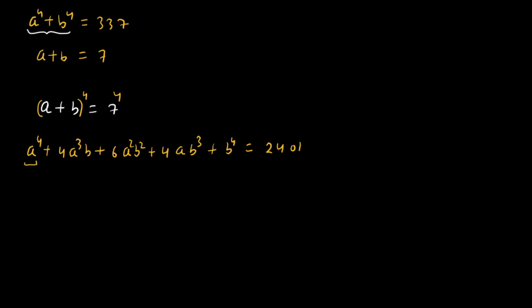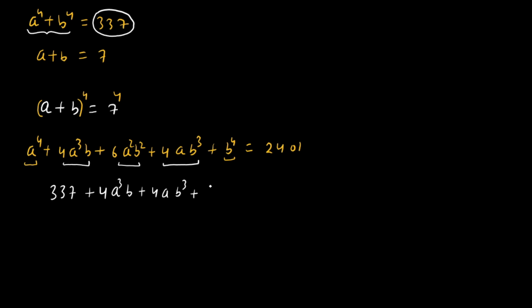We know that a power 4 plus b power 4 is 337, so it is replaced by 337, and the remaining terms 4a power 3 b, 4ab power 3 and 6a square b square equal 2401.